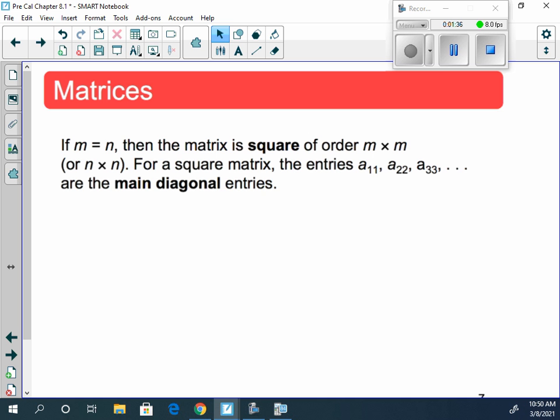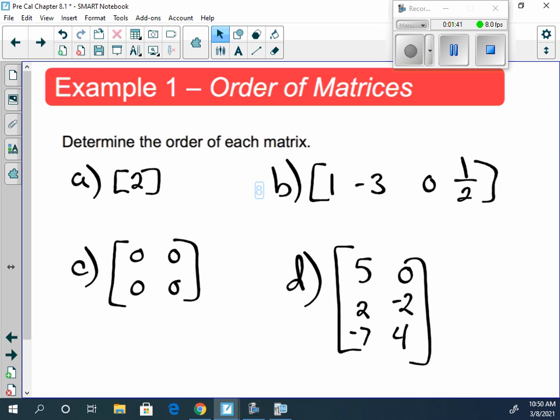Questions on this so far? No? So if we want to look at the order of each one of these, our first one, letter A, what would this be? This would be a 1 by 4, because we have one row and four columns. Now what would we call this?